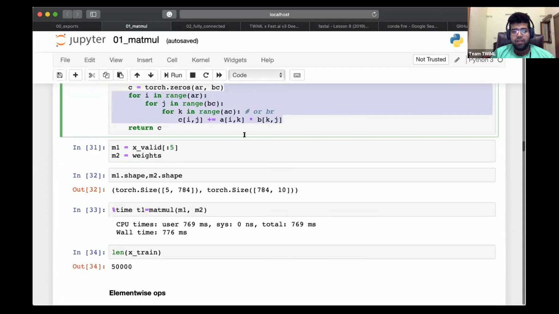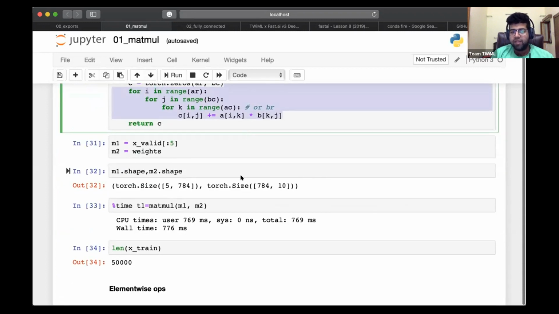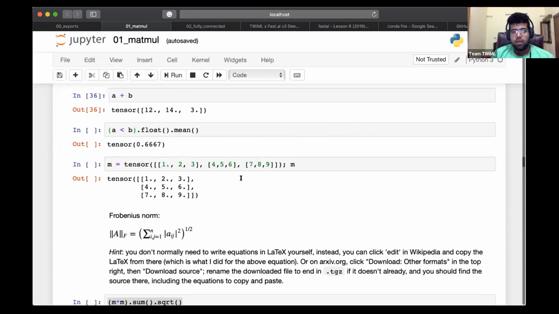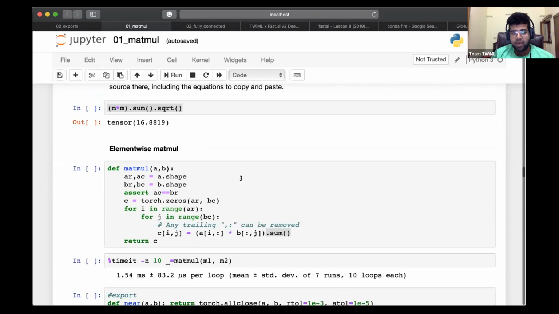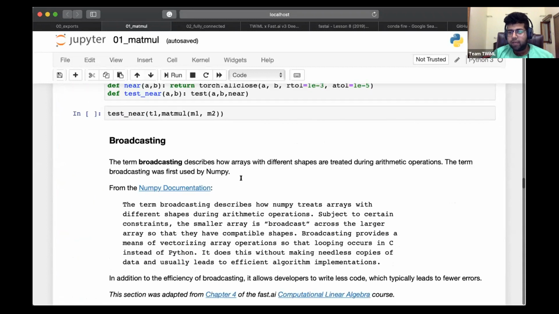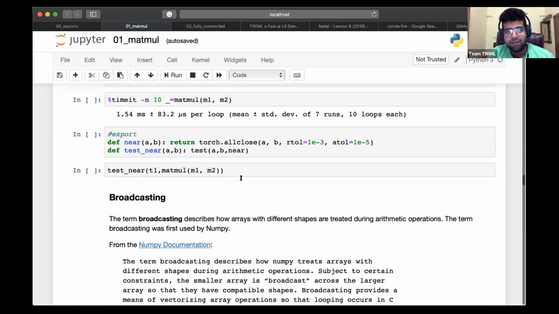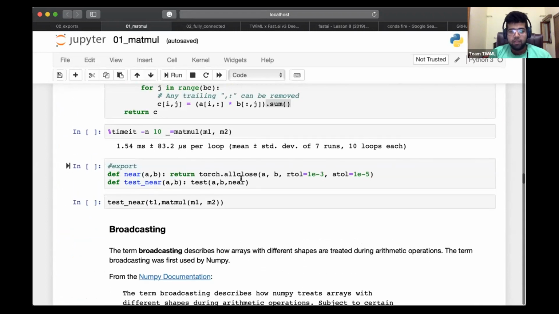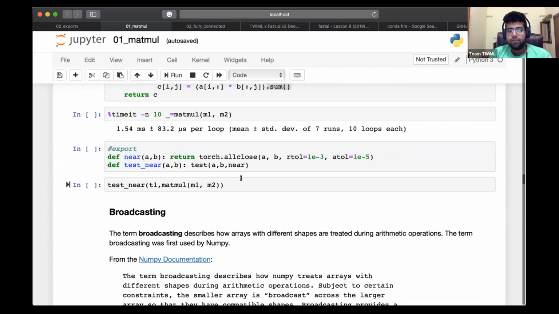function. And this in theory brings down the complexity from O of n cubed to O of n to the power 2. And that brings us a speed up of about 170 times, if I remember correctly. I'm sorry if I have deleted the cell from this notebook. But that, even in theory and in practice, brings us some speed up.